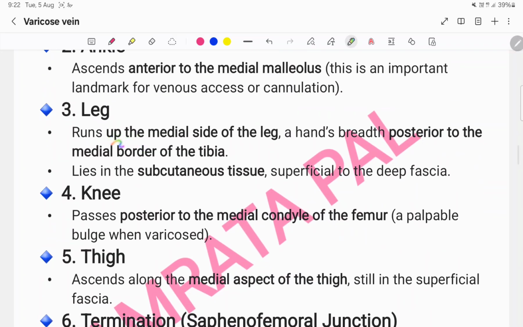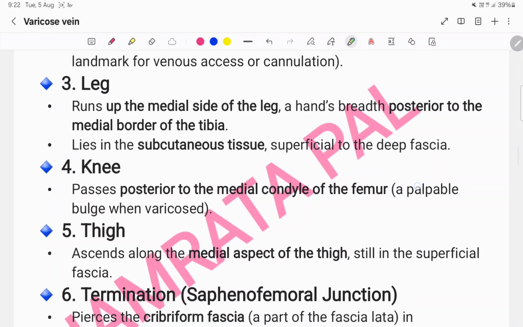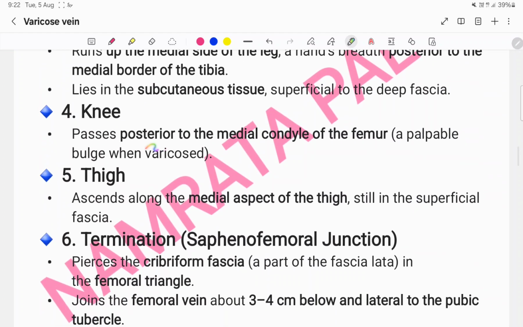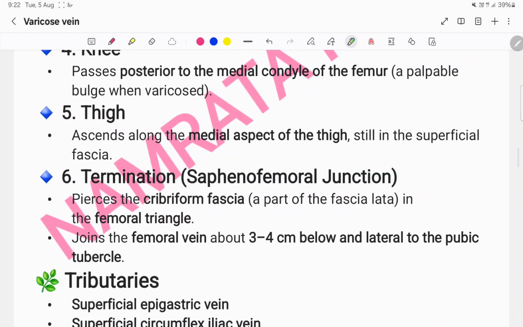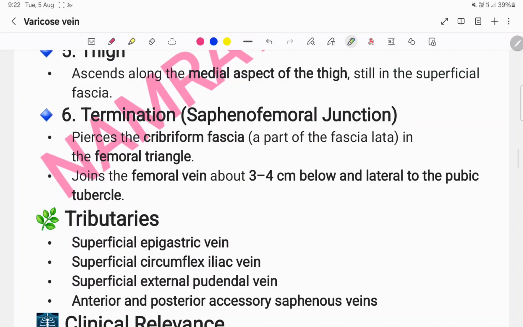In the leg, it runs up on the medial side of the leg and the medial border of the tibia, posterior to it. At the knee, it is posterior to the medial condyle of the femur. In the thigh, it is on the medial aspect, and ultimately it terminates in the femoral vein.